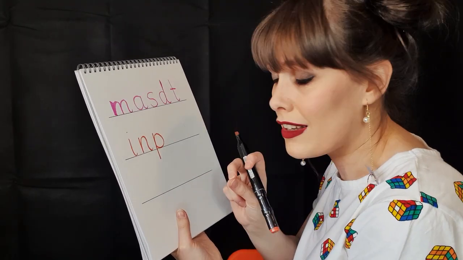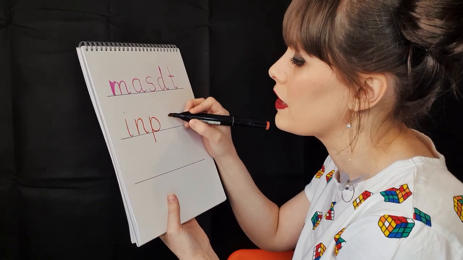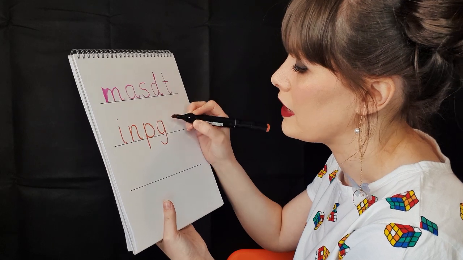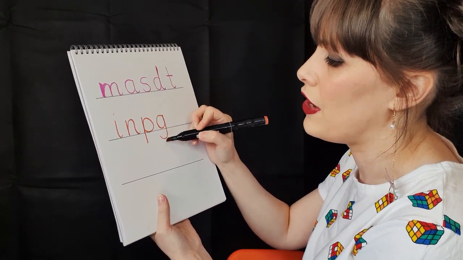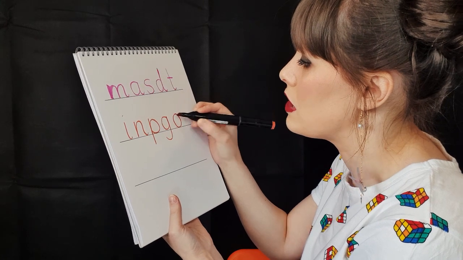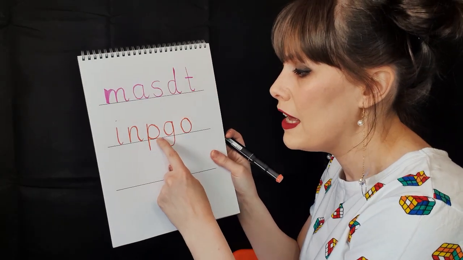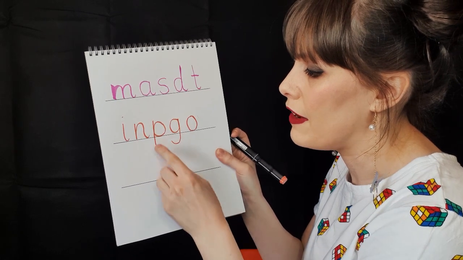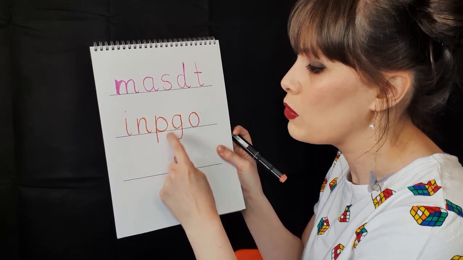We also had g for girl, which was around the girl's face, down her hair and give it a curl. And we also had o for orange, which was just a big circle. Look again that all the letters are resting on the lines, and ones that have descenders will go below the line.